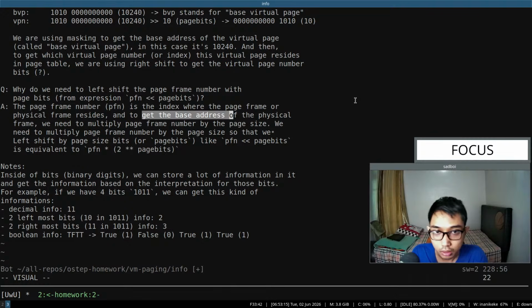Get the base address of the physical frame. Base address. Okay, maybe something like this.